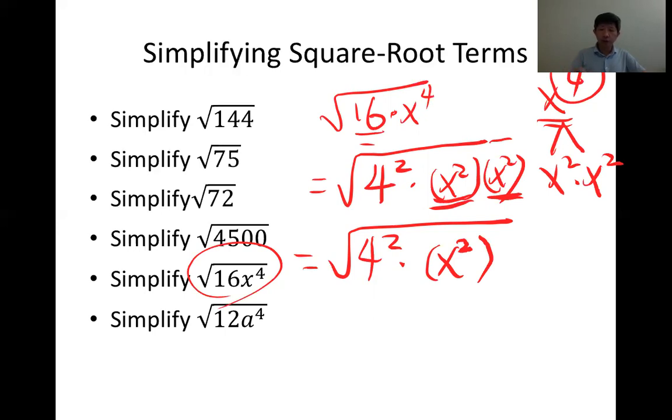How many of them? Two of them. So we have the square on both, and we can cancel this out. We make it 4 times x squared. So 4 times x squared. That would be the answer, all right?